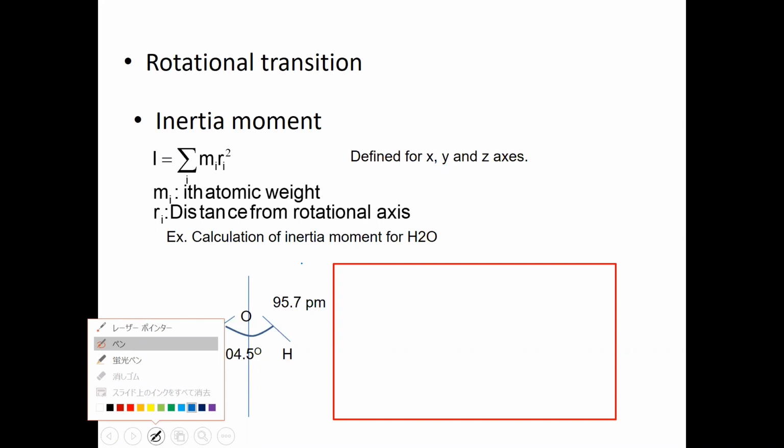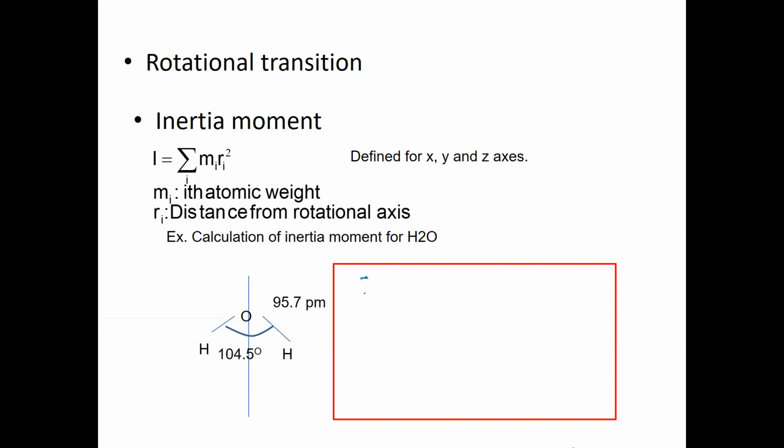So what you have to do is basically sum up the moments of the two hydrogens. I equals the sum of m_i r_i squared, which is 2 m_H r_H squared.